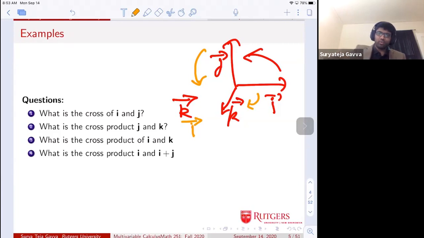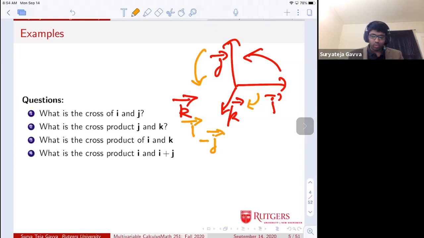Yes, if you try to imagine taking the product, you're moving along this direction, so the cross product will be towards the bottom of the picture. So i cross k will have the direction which is opposite to the j vector. So it's minus j. Okay, so it is along j, but it's the opposite direction of j. So if you move from i to k, you'll see that your finger will point downwards.